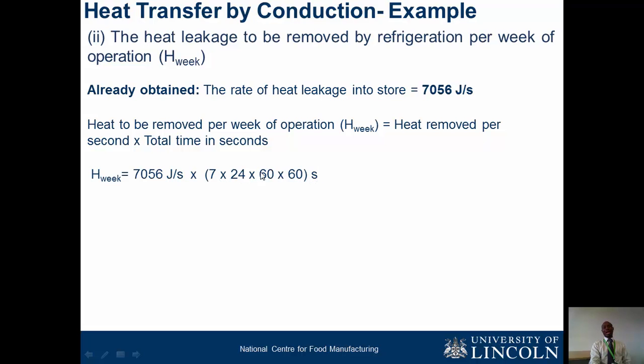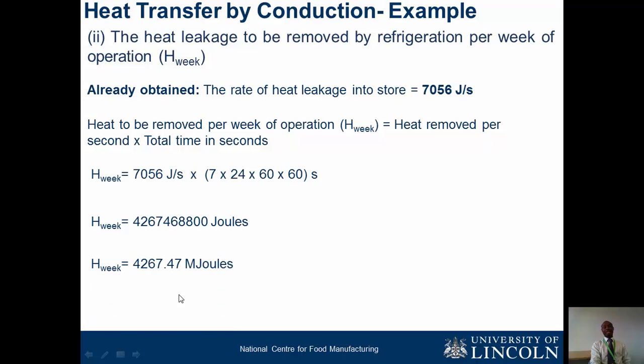So this is what we have. By the time you multiply that, you know the amount of heat to be removed is 7056, which is the amount we've gotten earlier, multiplied by the total time in a week. So we have 4267 468 800 joules.